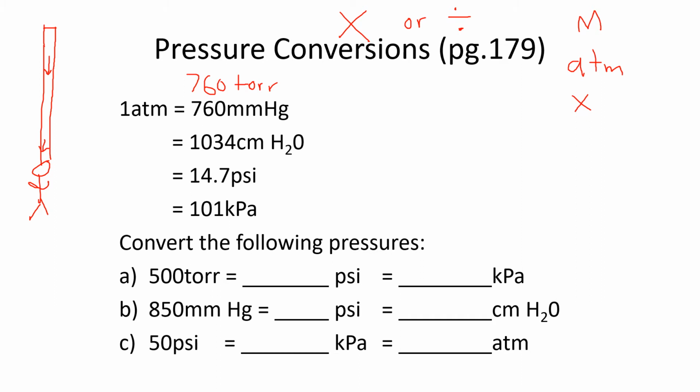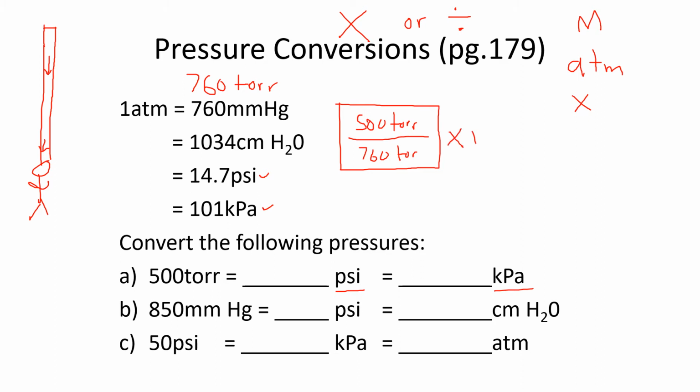There's 500 torr, but I know that 1 atmosphere is 760 torr. So already that's my atmosphere value. So to find PSI, all I have to do is multiply by 14.7, and then to find kilopascals, all I got to do is multiply by 101.